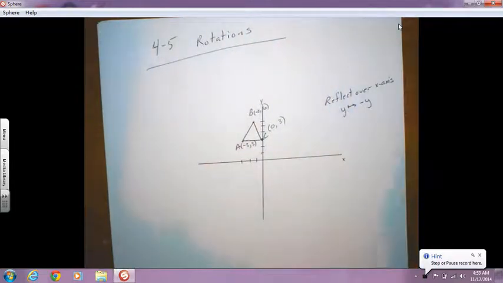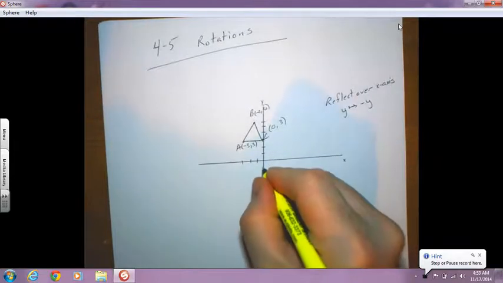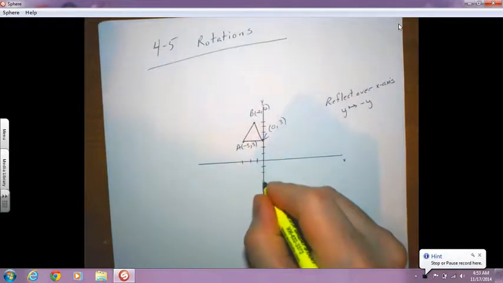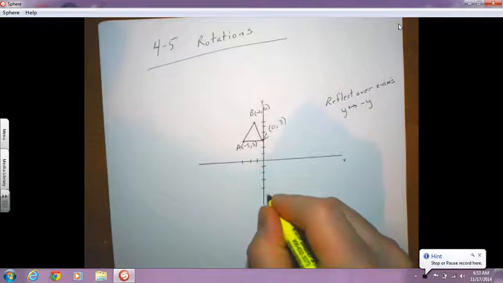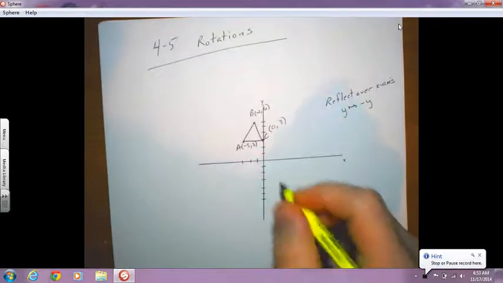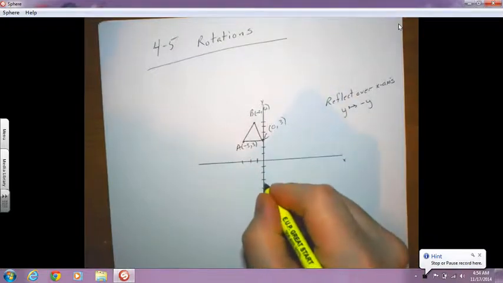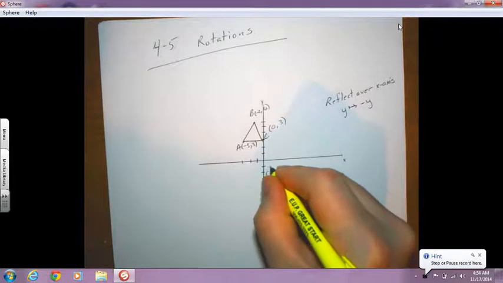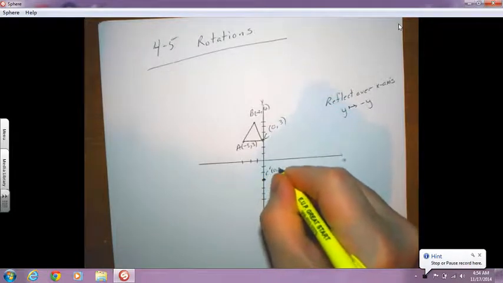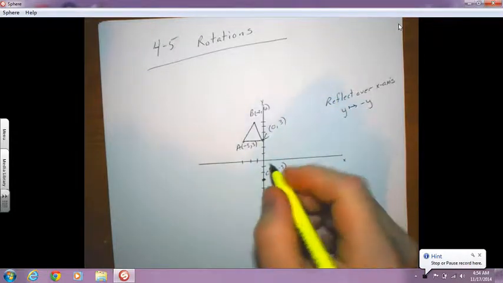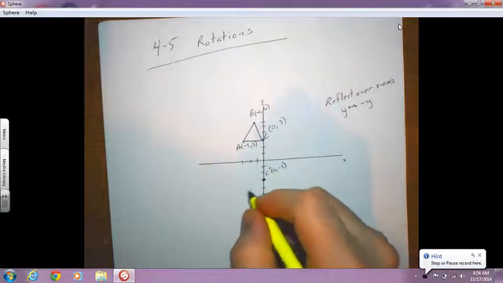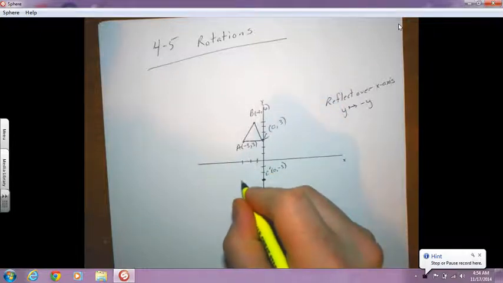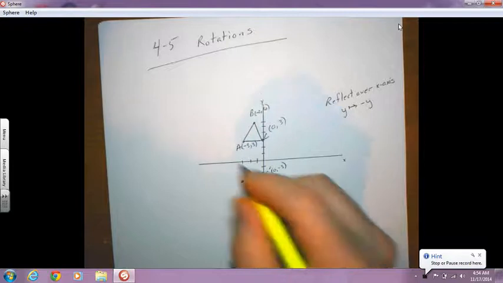So I'm going to get some new points here. I'm going to get 0, -3 will be my C prime value. I'm going to get -3, -3 will be my A prime value.